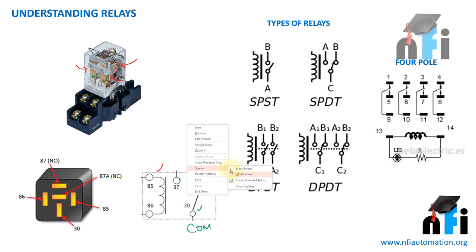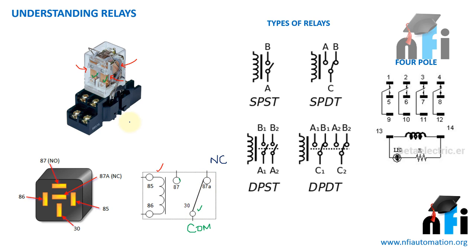This 87A point is known as, very simply, NC, which is normally closed. Normally closed means the point which is connected to common when the relay is off. Normally means when the relay is off, and closed means it is in contact with common. So this NC part is the contact which is normally connected to common when the relay is not energized.